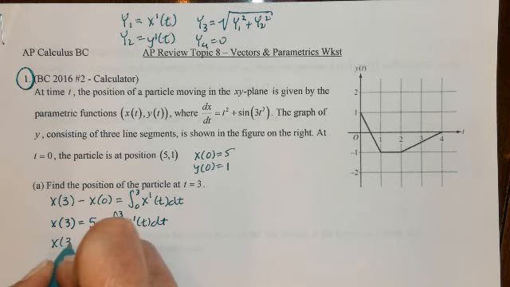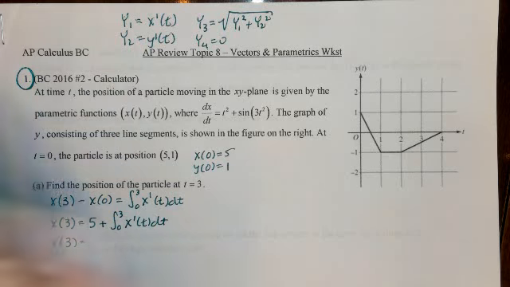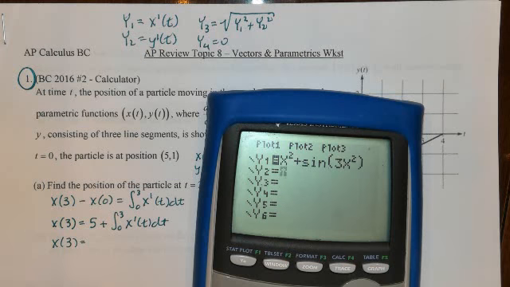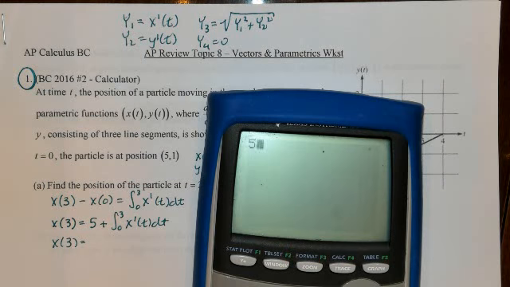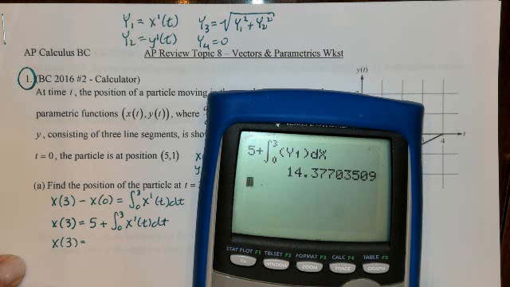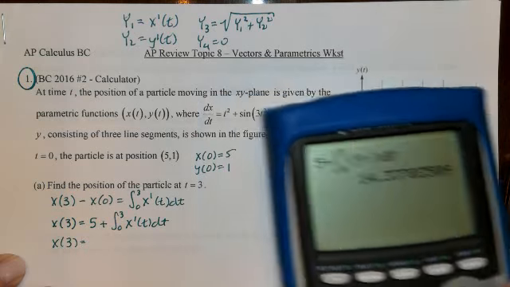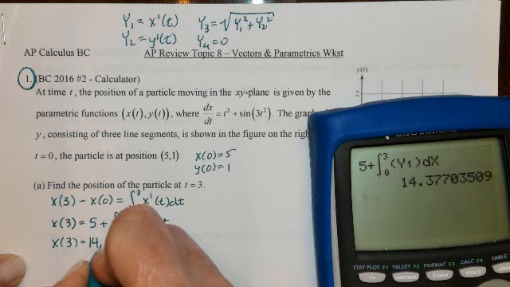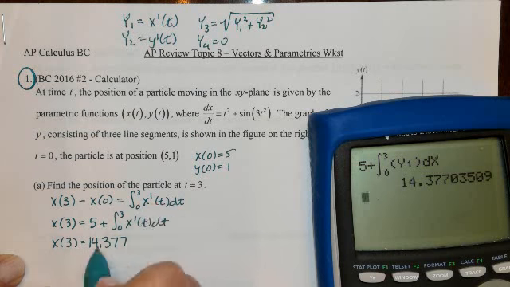So x at 3 is, back to my calculator, 5 plus the integral from 0 to 3 of y1, which is 14.377. So the x-coordinate at time 3 is 14.377.